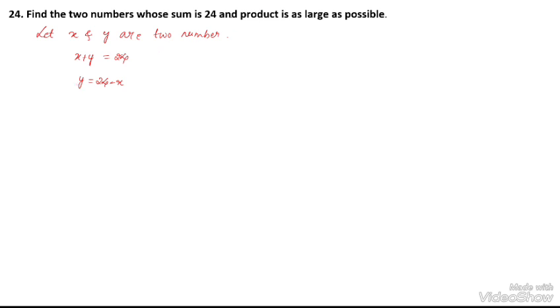Now the product of the two numbers should be as large as possible. One number is x and the other is 24 minus x, so we take their product. I will call it p of x, because we want the product.